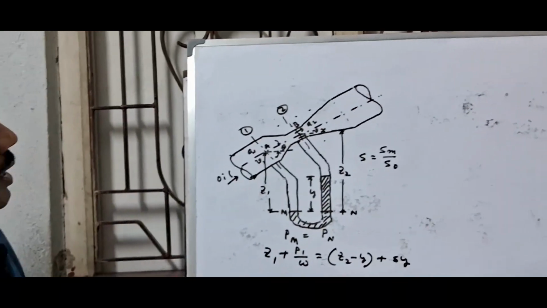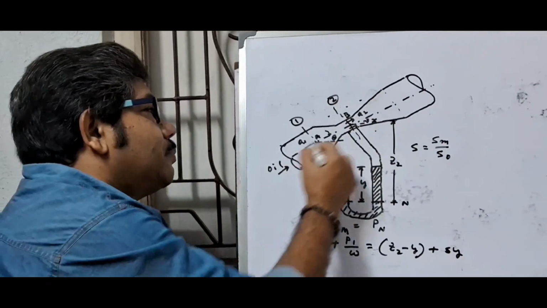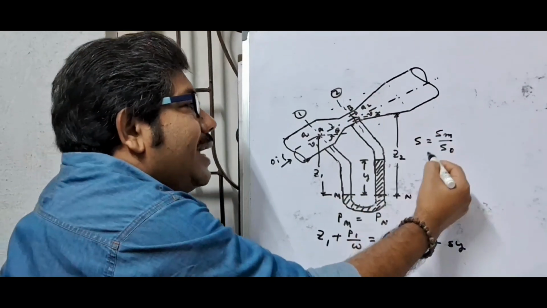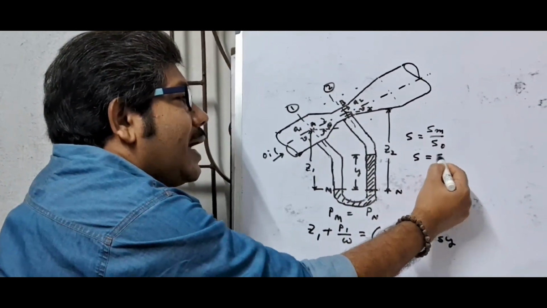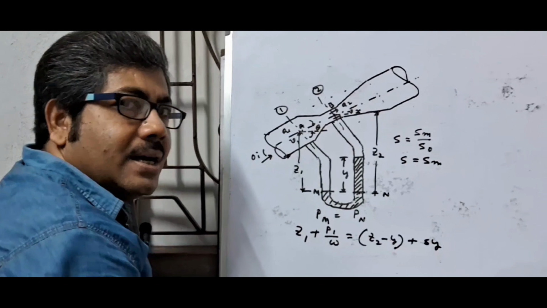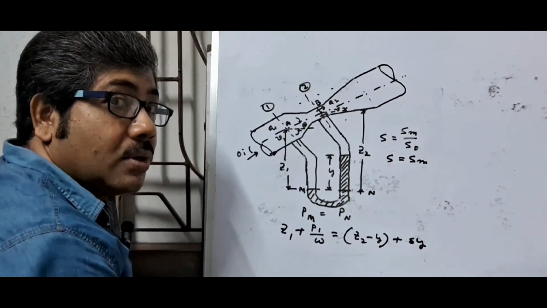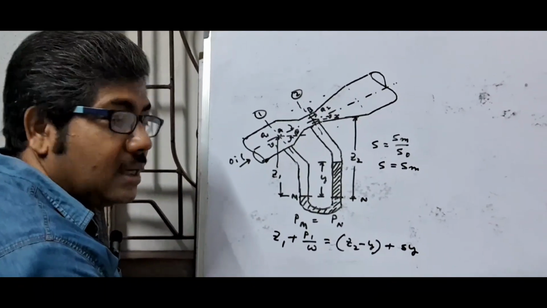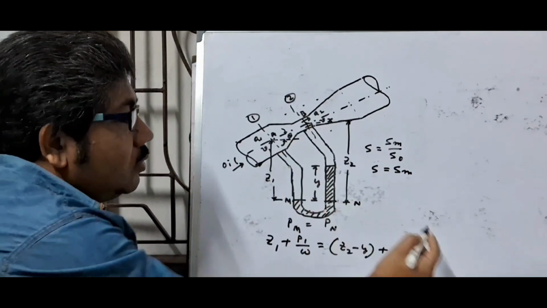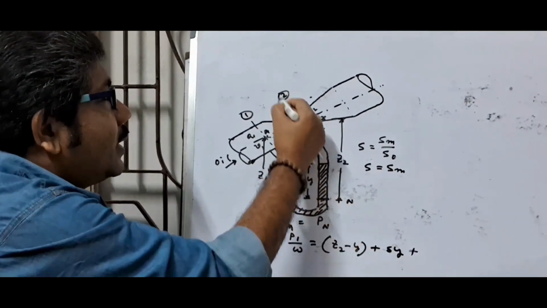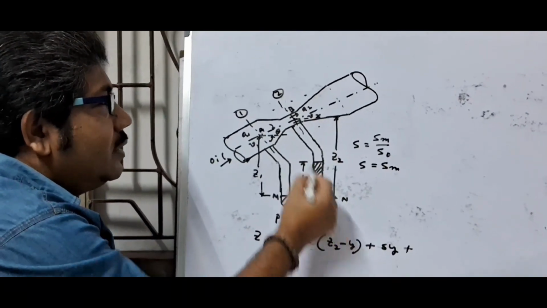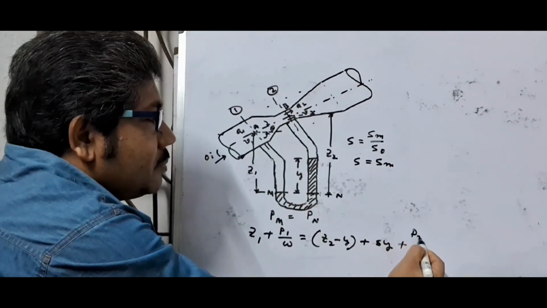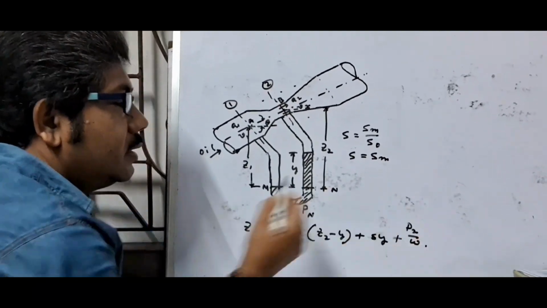And if water is flowing through the pipe, so S equals SM, as the specific gravity of water is 1. Now last at point 2, that means at end point, pressure head, this is P2 by omega.